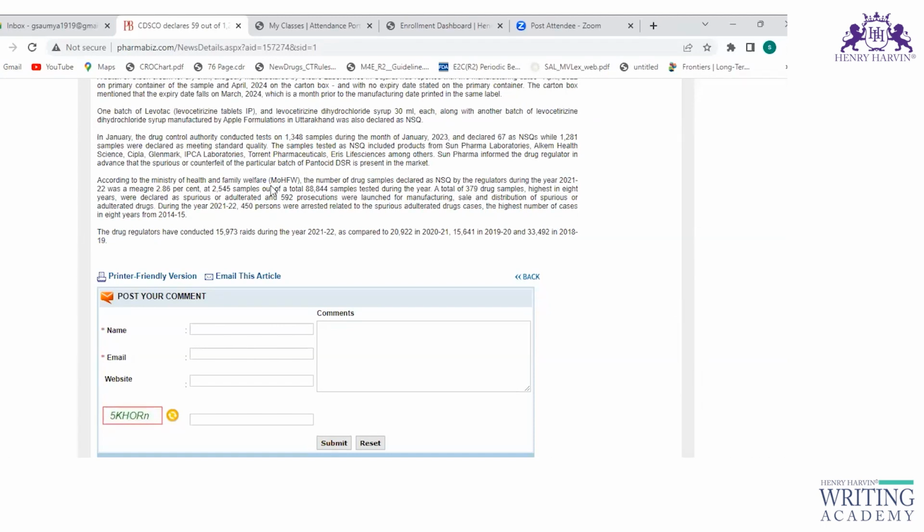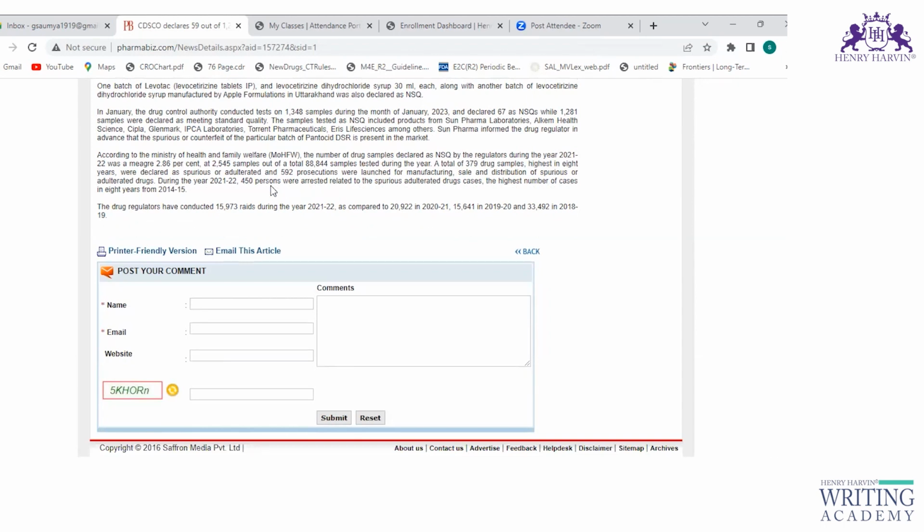Then, according to the Ministry of Health and Family Welfare, the number of drug samples declared as NSQ by the regulators during the year 2021 to 22 was 2.86%, at 2,545 samples out of a total of 88,844 samples tested during the year. A total of 379 drug samples, the highest in 8 years, were declared as spurious or adulterated.